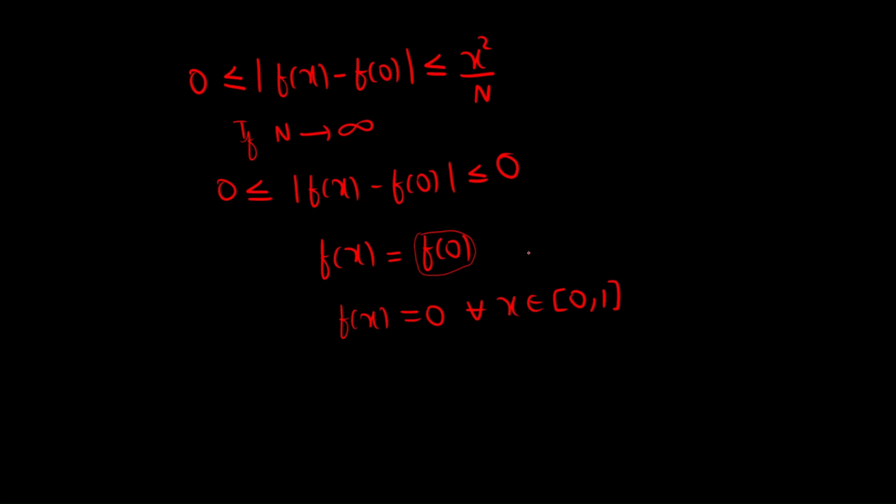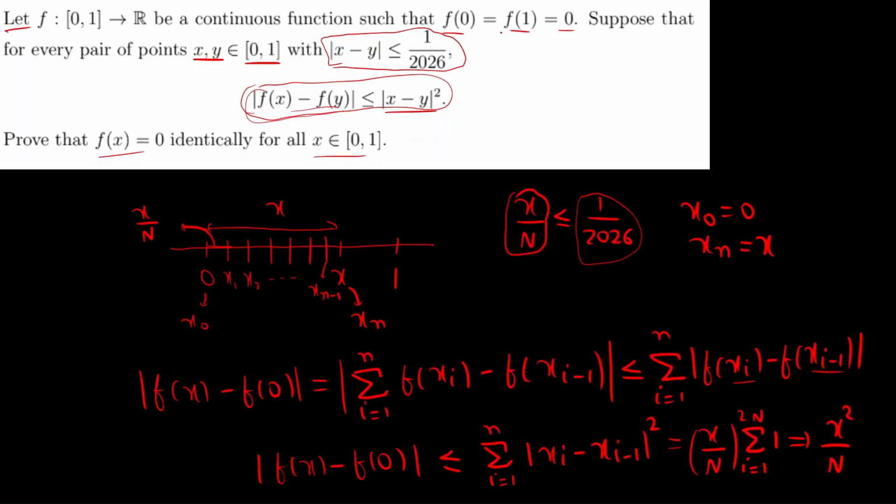I hope everyone understood. And here we were also given f of 1 is equal to 0. It was not any use, but it would be confusing for us in the examination, so we need to take care. Now let's move on to our next question.